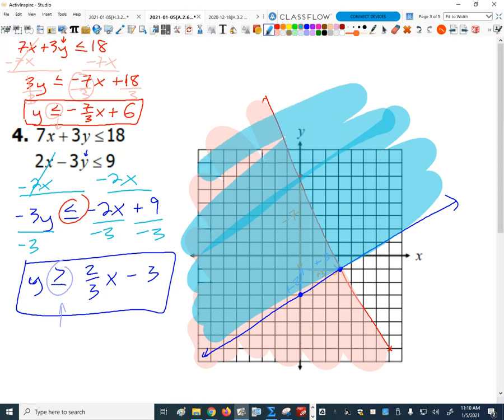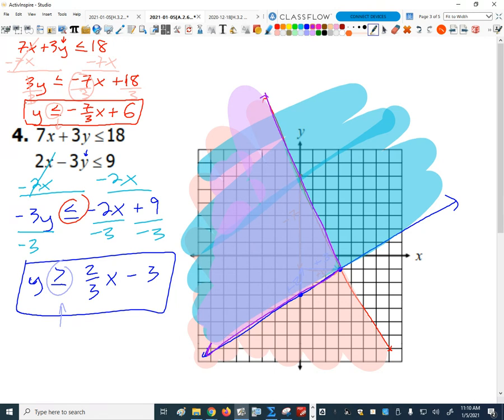Now it's kind of hard to see there, but let's graph the double shaded region in purple. It would just be this region right here, wouldn't it? So there's our region. And we can see that the upper boundary is solid and the lower boundary is solid again, just like last time.